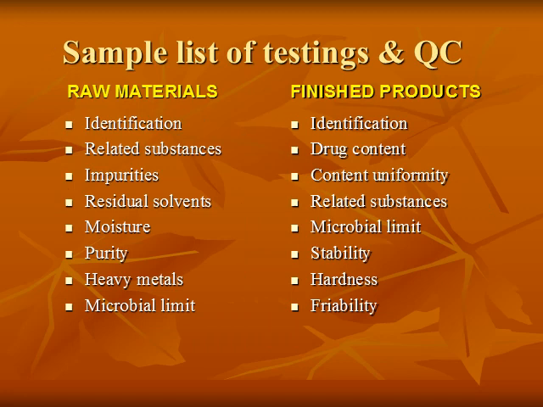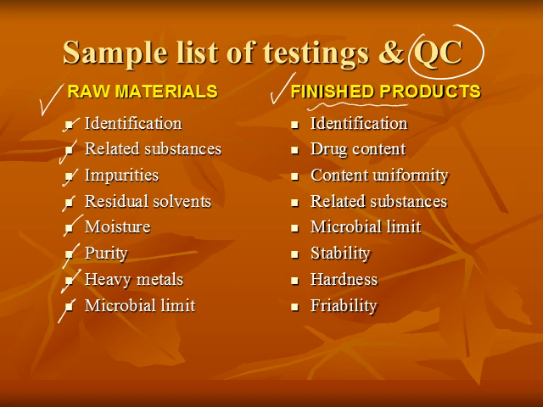So a sample list of testing for QC includes raw materials as well as finished products. In raw materials, they will test the following items: identification of the active, the related substances of the excipient, for example, is there any impurity in the active, any solvent, moisture, purity of the drugs, heavy metal, and microbial limits.